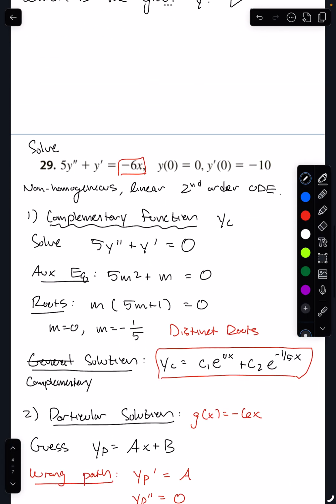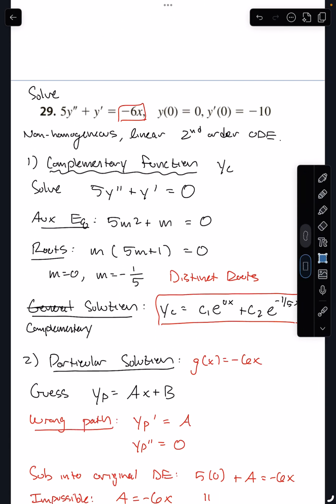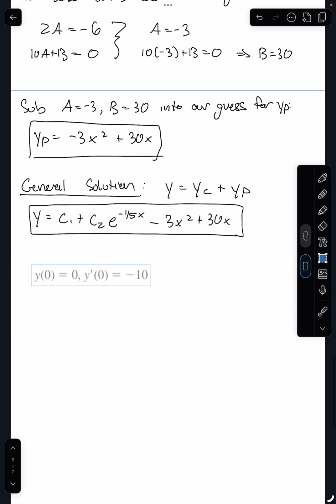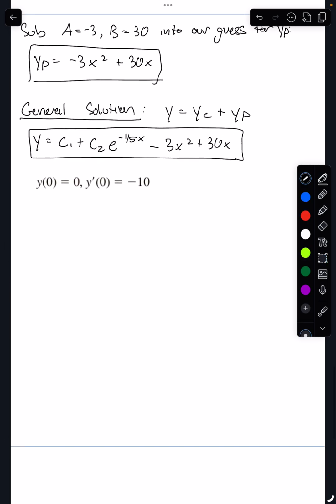But we're given an initial value problem, right? So we have to contend with this now, and that's what's going to help us find C1 and C2. So let's find C1 and C2. First we can use the fact that y of 0 equals 0.